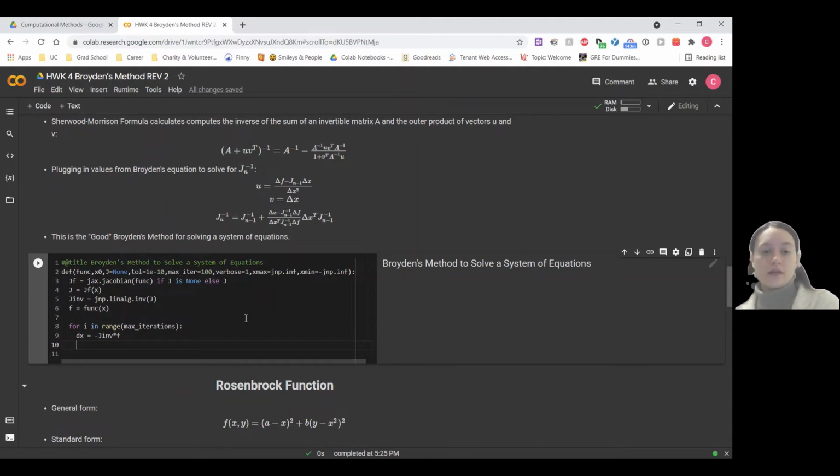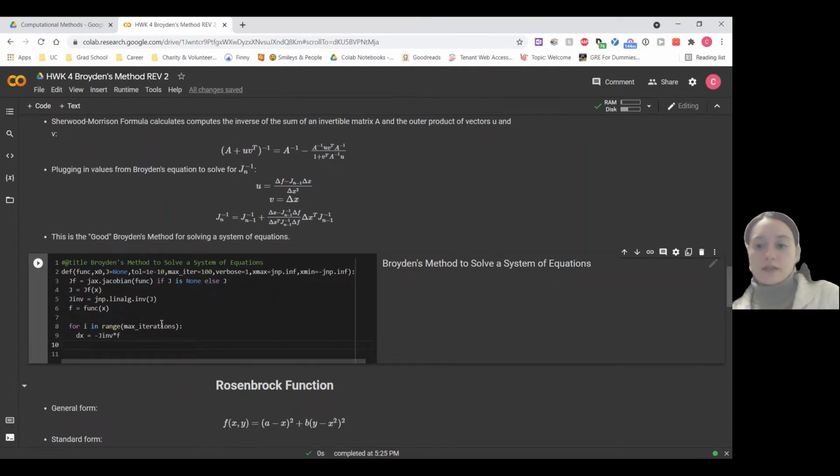However, if we get close to our bounds, whatever we've specified for x min and x max, we're not going to want to take the full dx. We're going to want to take a smaller step so that we don't exit the bounds. We're going to make dx a fraction of itself using this variable alpha.